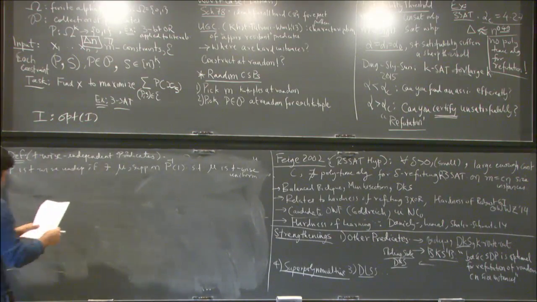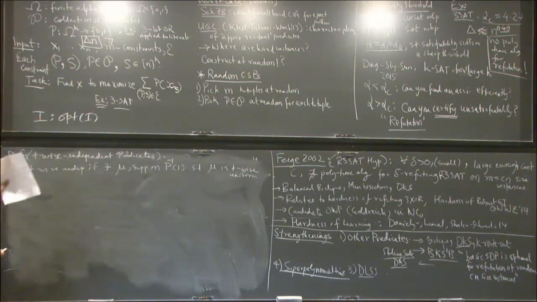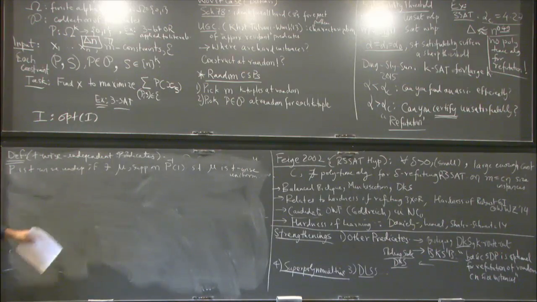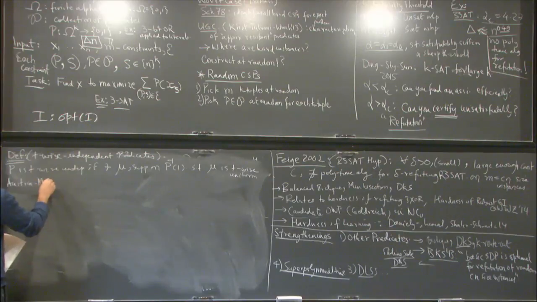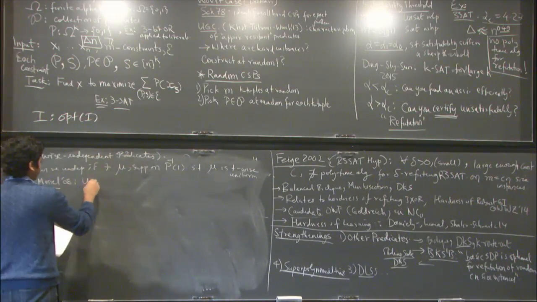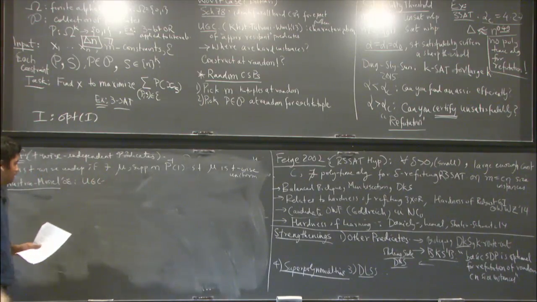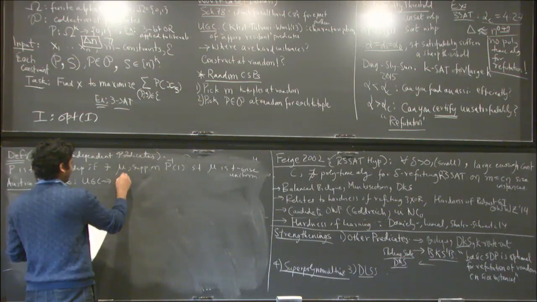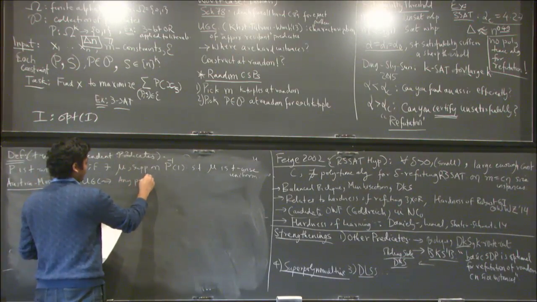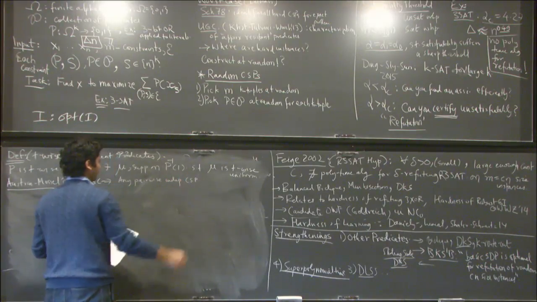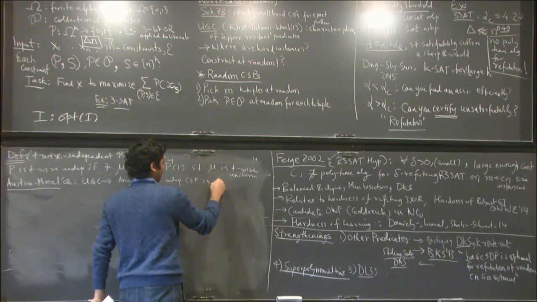So this definition somehow appears out of the blue right now. But Austrin and Mossel showed a very interesting connection between this and the unique games conjecture. They showed that if you assume the unique games conjecture, then any pairwise independent CSP, so a CSP on a pairwise independent predicate, is approximation resistant.